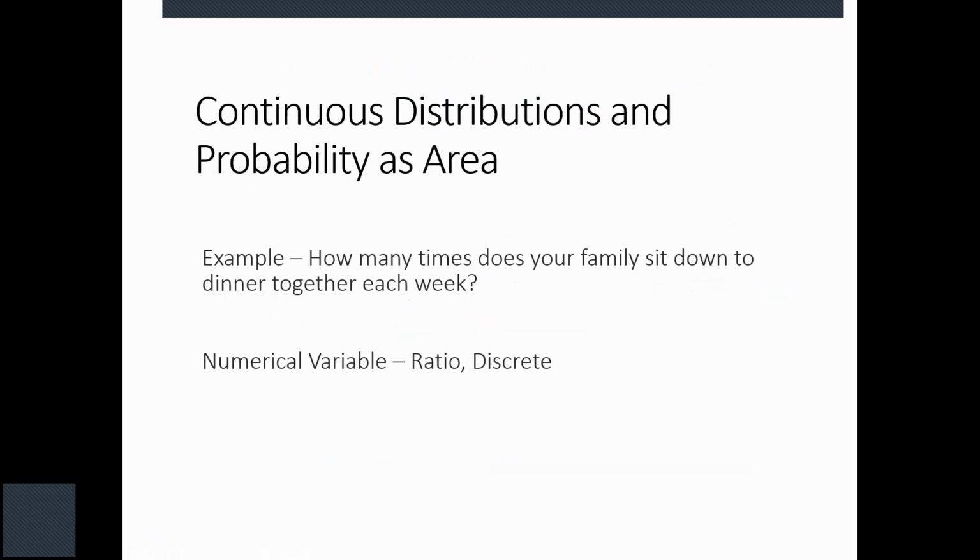What if we have a numerical variable? It can be ratio, it can have an actual 0 point, and it could be discrete. So we say, how many times does your family sit down to dinner together each week? That would be anywhere from 0, we don't do that at all in the week, to 7. That could be every night we do that.